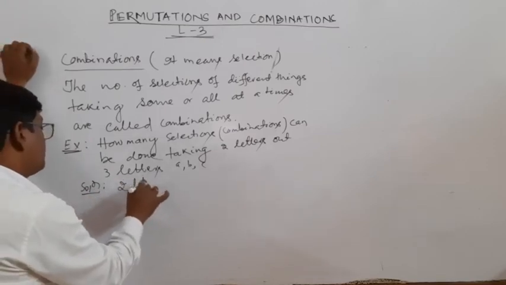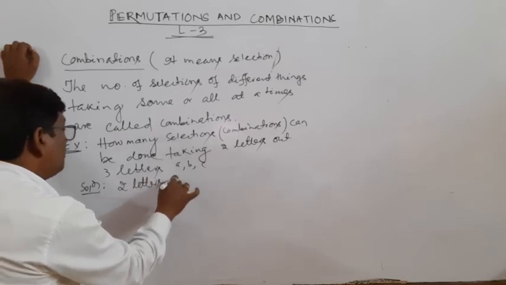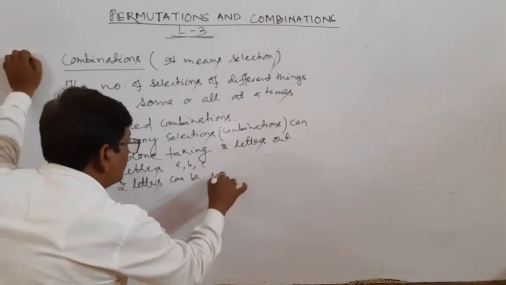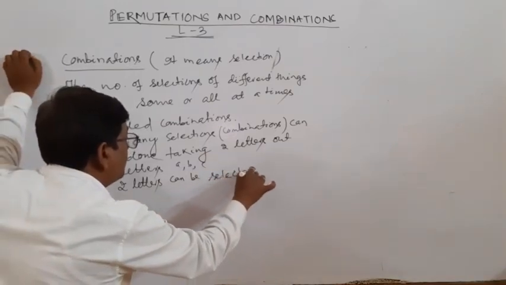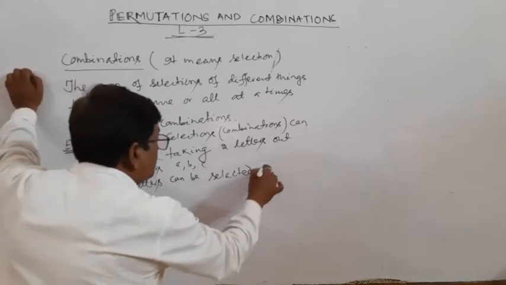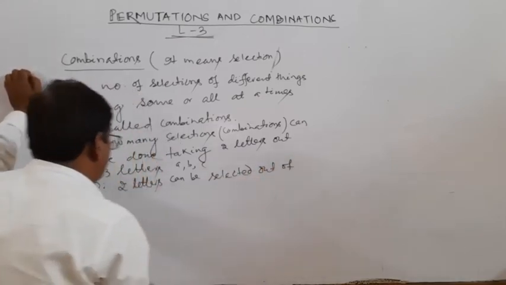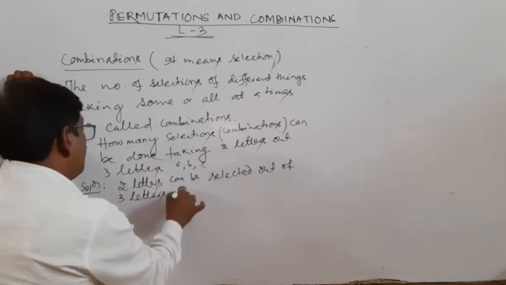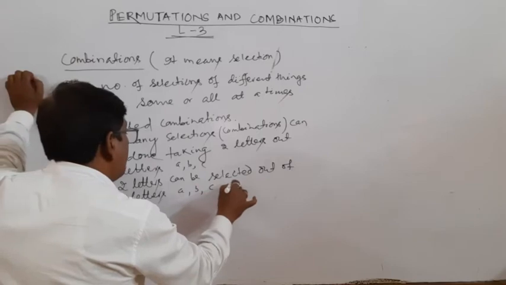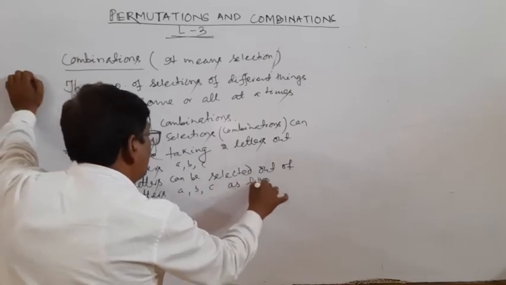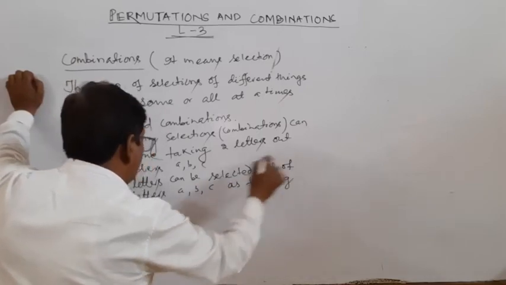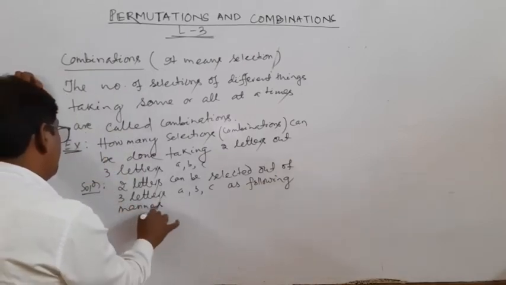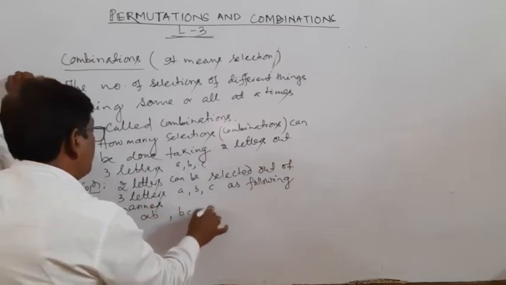Two letters can be selected out of three letters A, B, C in the following manners: AB or BC or AC.